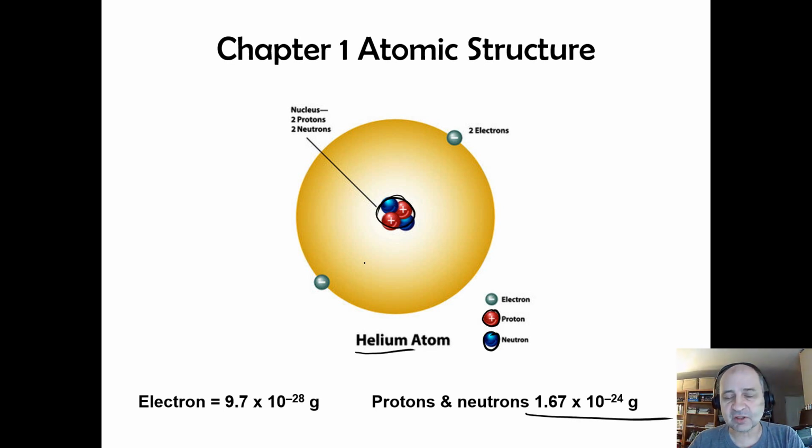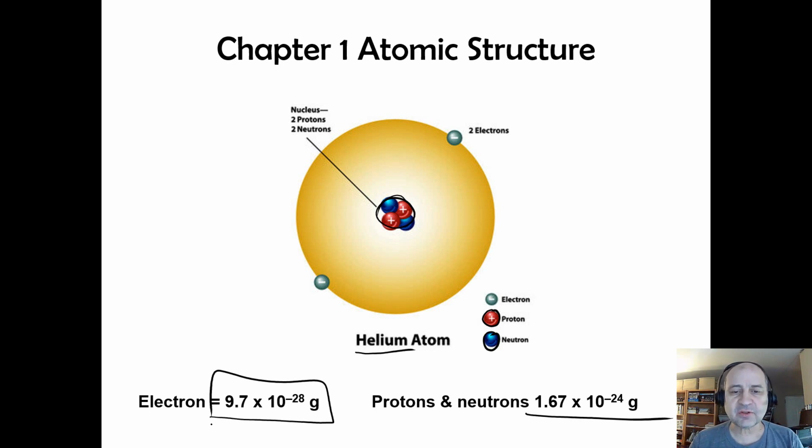This here just shows for simplicity a sphere, and for the helium atom you have 2 1s electrons. It happens to be true that we have an s orbital, so it is a sphere. But electrons have roughly 1,700 times less mass compared to neutrons and protons. So they basically just take up space and don't have much matter.